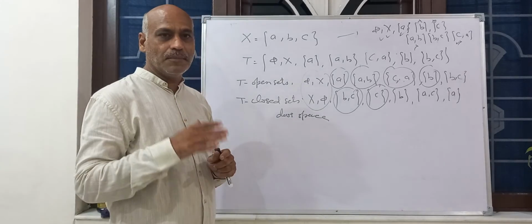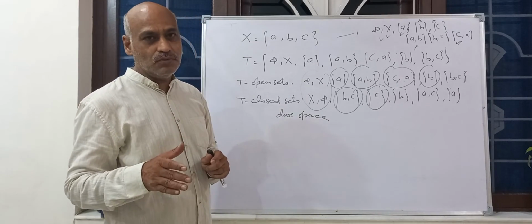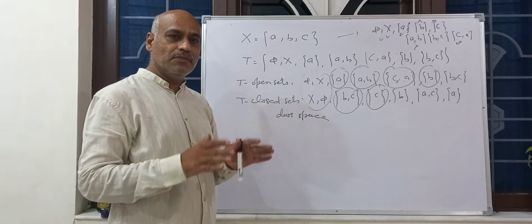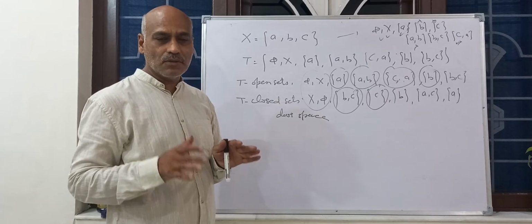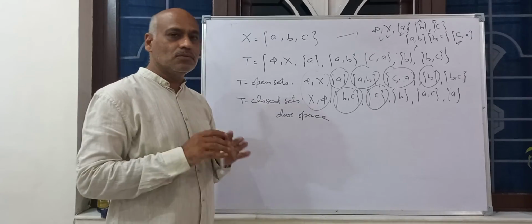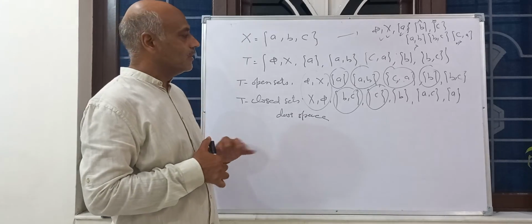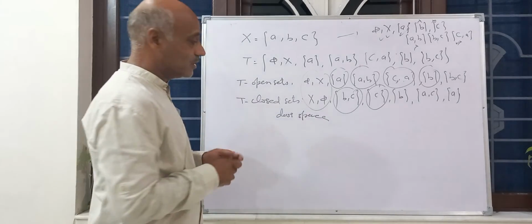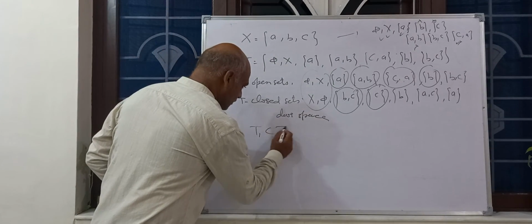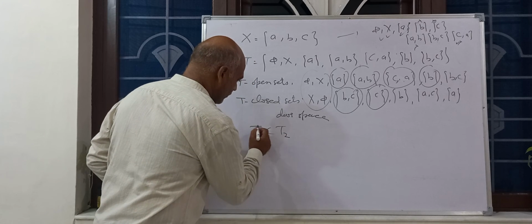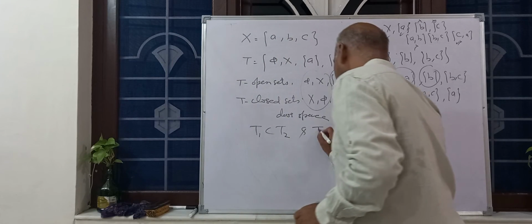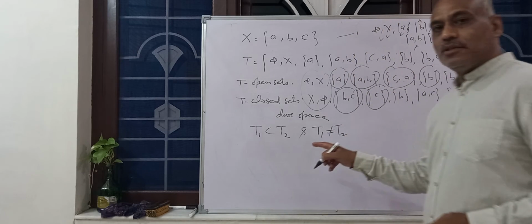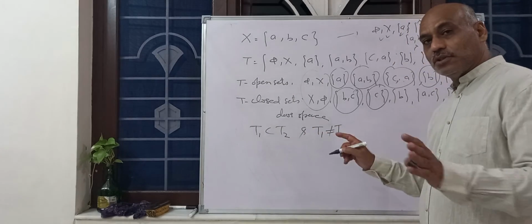Comparable and not comparable: comparable means T1 is a subset of T2 or T2 is a subset of T1. Not comparable means T1 is not a subset of T2, nor is T2 a subset of T1. Strictly comparable means suppose T1 is a subset of T2 and T1 is not equal to T2.